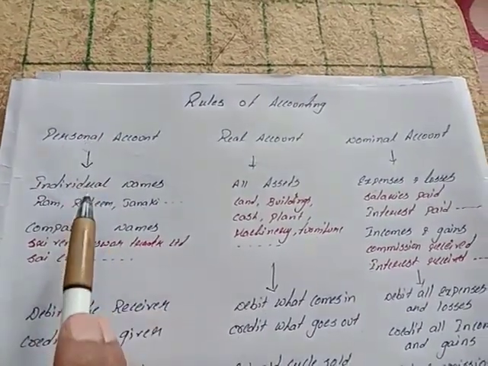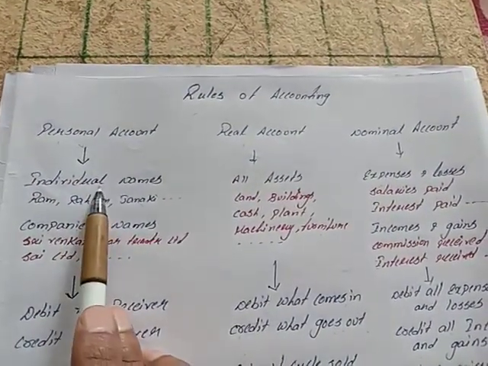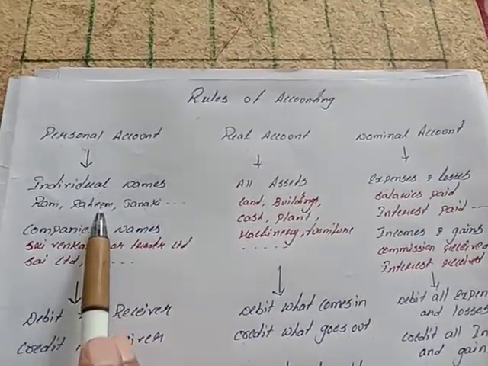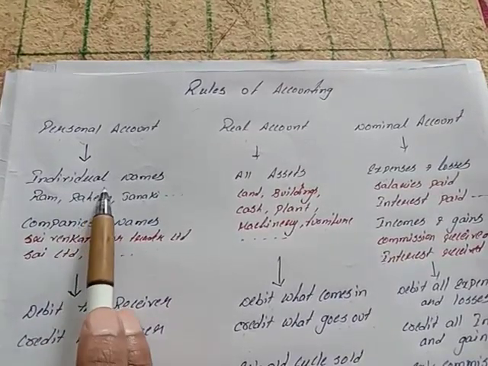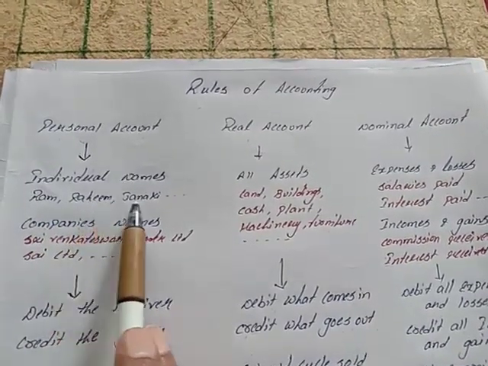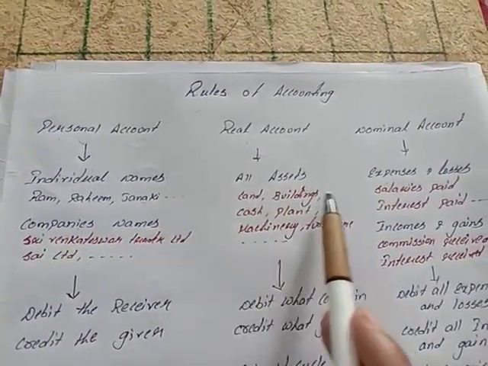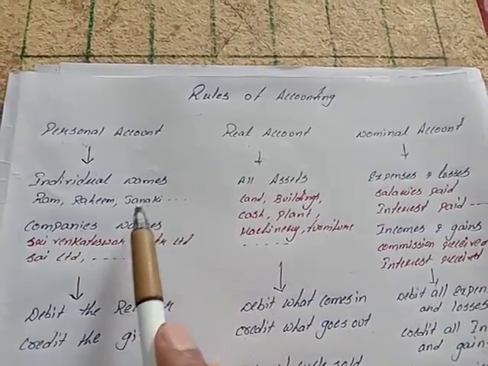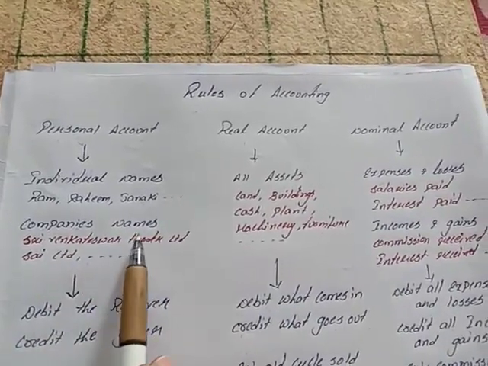In personal account, it includes individual names and company names. Then what is the difference between individual names and company names? Individual names are like Ram, Rahim, Janaki, Sita, Geeta or so on. So these are the individual names like your name and my name. Next is company names.